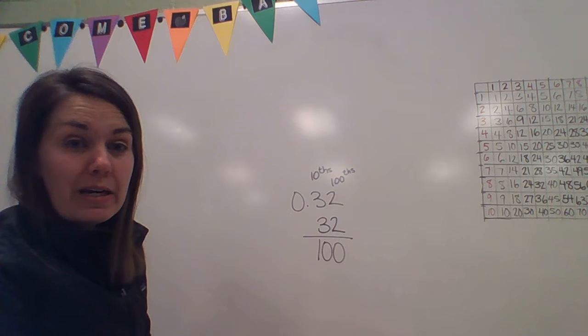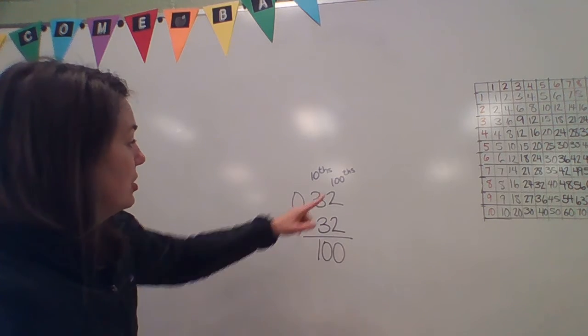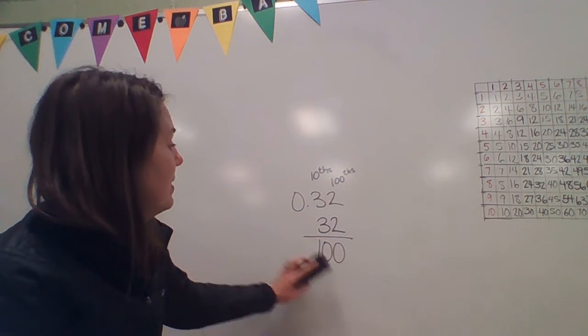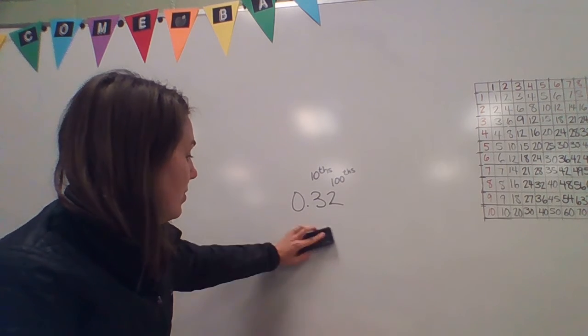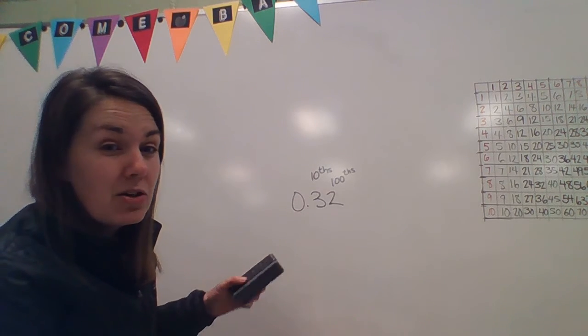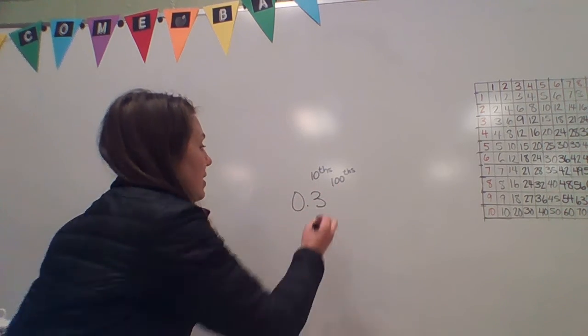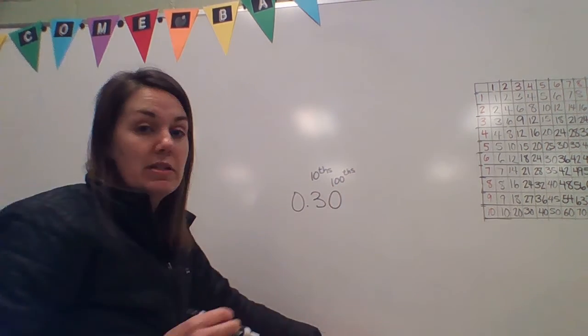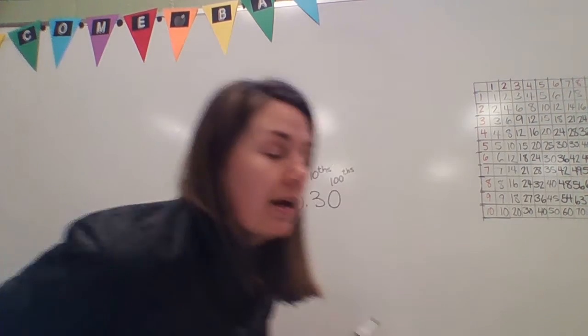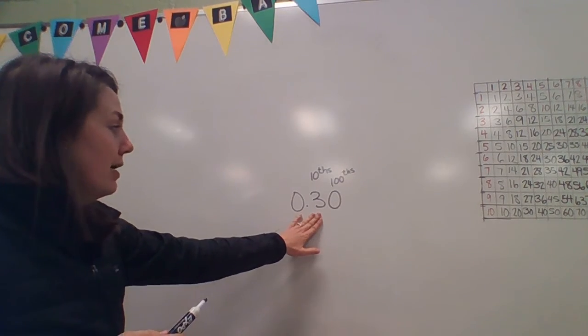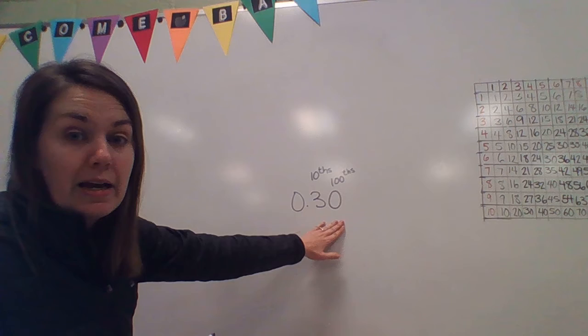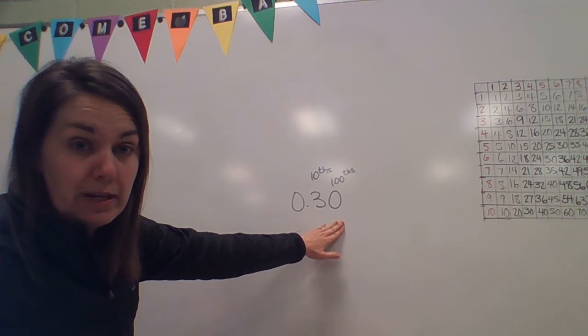Because I have 3 in the tenths, but 2 in the hundredths. Now the best way that I can think of with this is let's just ignore the 2 for a second. I'm going to change the 2 to a 0.